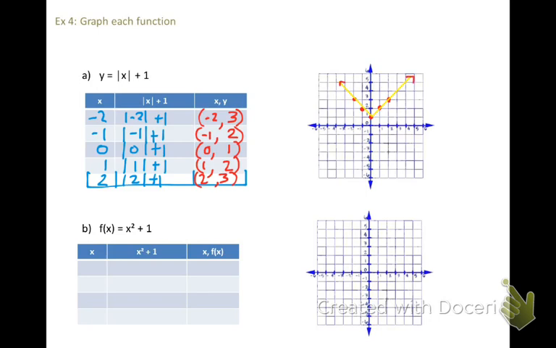Now, same idea with B. You should have 5 numbers. Same 5 numbers. You're going to use -2, -1, 0, 1, and 2. Remember, I want you to use parentheses when you have a squared.